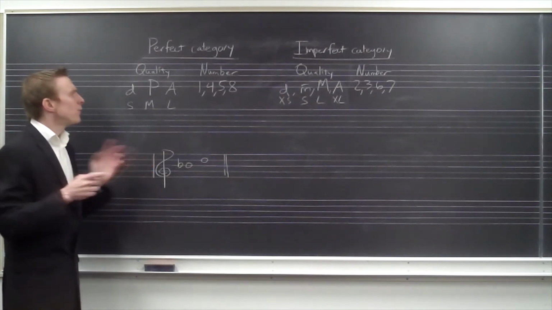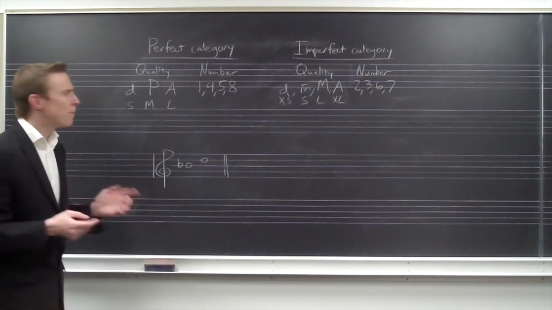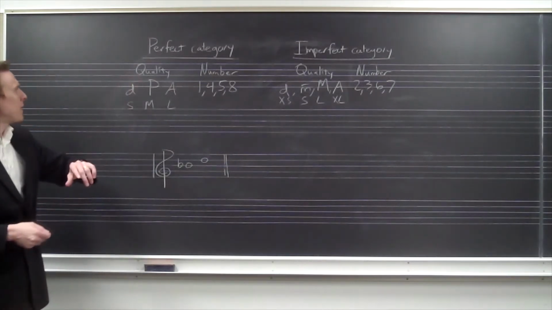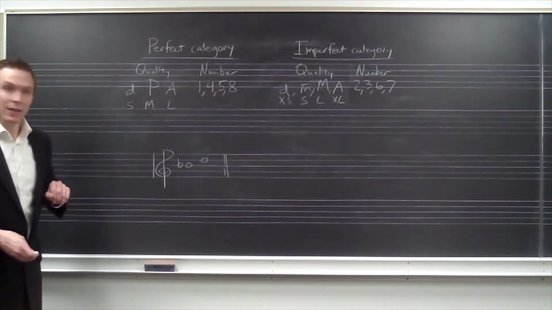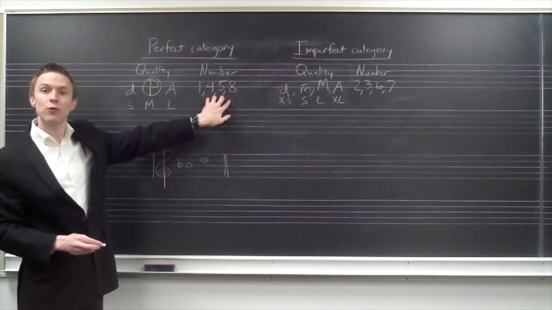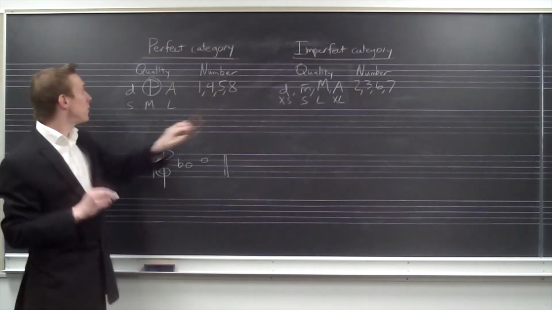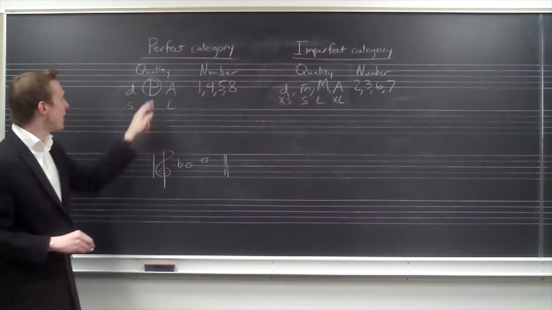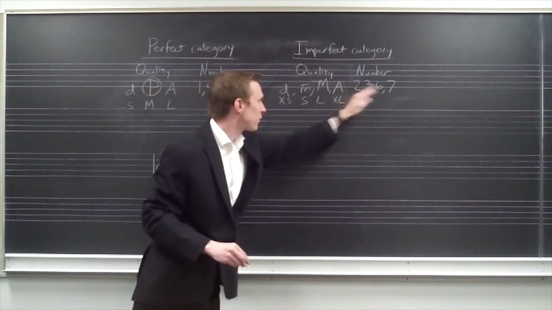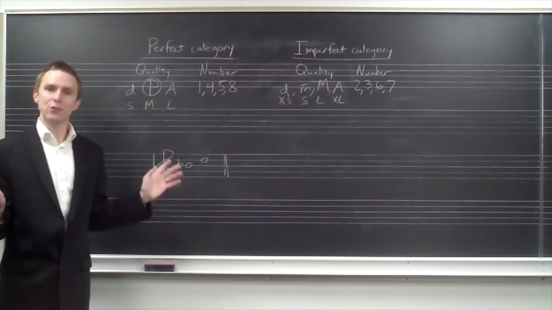Okay, let's take a brief step back and just make a couple of important observations. You'll notice that from this information, the perfect quality is exclusive to unisons, fourths, fifths, and octaves. That is, there is no such thing as a perfect third, or a perfect sixth, or a perfect second, or a perfect seventh. They don't exist.